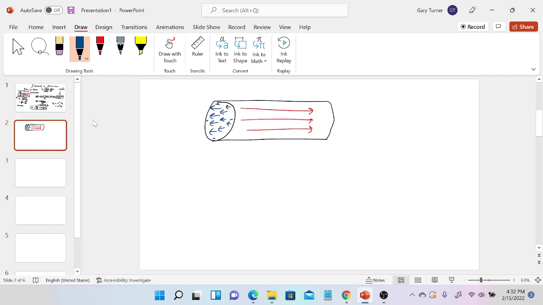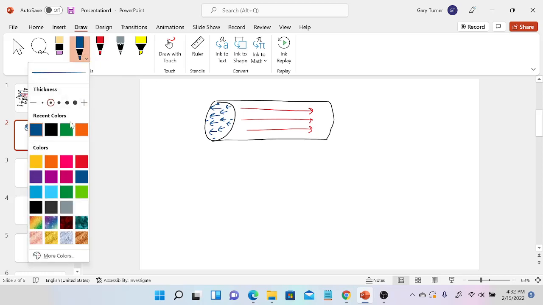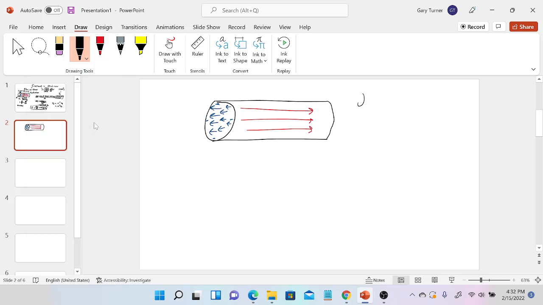Then this leads to the idea of current density. Current density we denote as J, and current density is equal to the current at a point in your wire divided by the cross-sectional area.